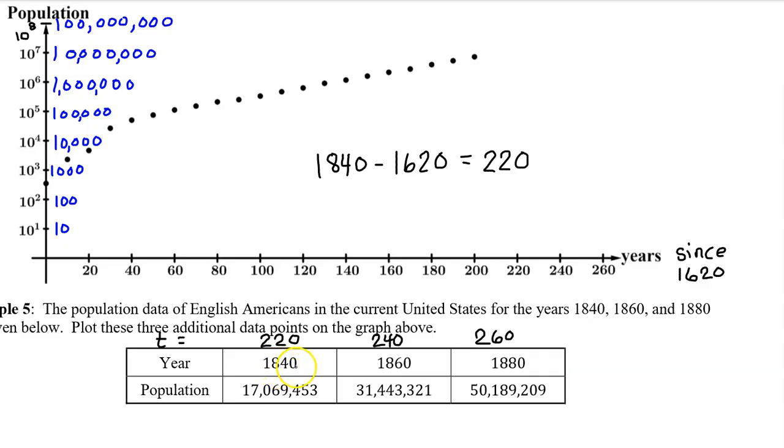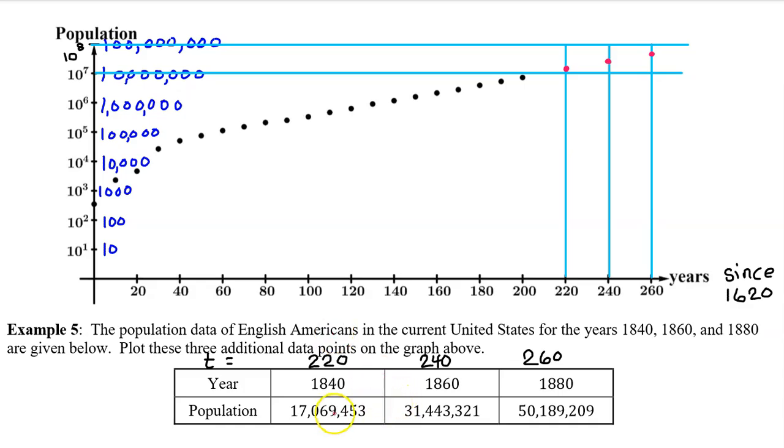So the year 1840 corresponds to t equals 220 on the x-axis. Similarly, 1860 is t equals 240, and 1880 is t equals 260. The populations for each of these years would be graphed about here, here, and here.